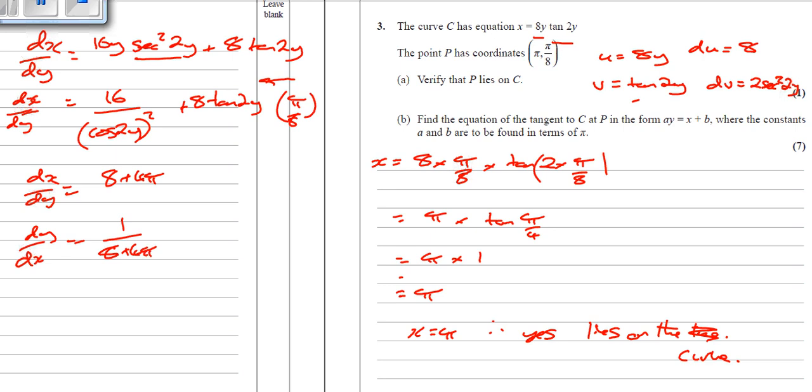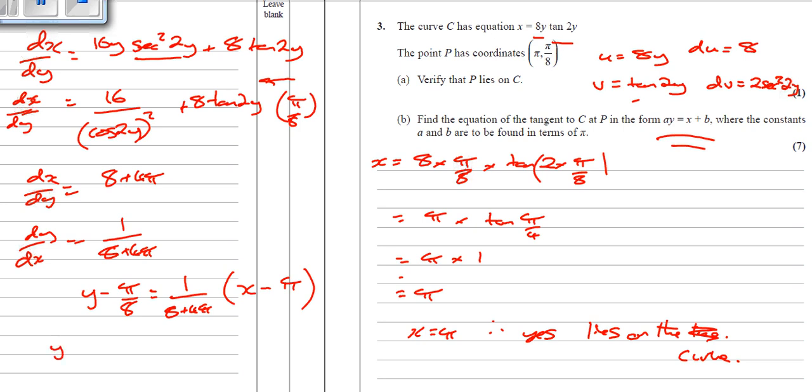And then we've got to put it into this format here. So we're going to have y minus our y coordinate, so y minus pi over 8, equals our gradient, which is 1 over 8 plus 4 pi, x minus our x coordinate. So then let's multiply this out.